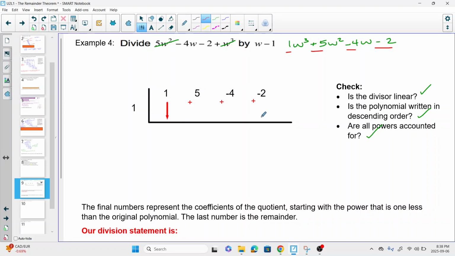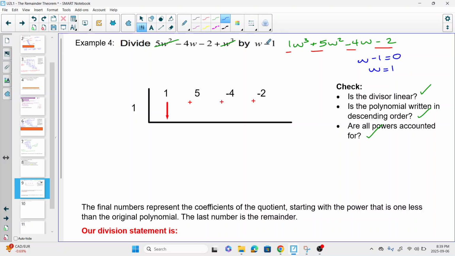On the outside, what we're dividing by is, again, we're looking for that corresponding 0 for the factor. So if we're dividing by the factor w minus 1, the number that goes here comes from doing w minus 1 equals 0, w equals positive 1.